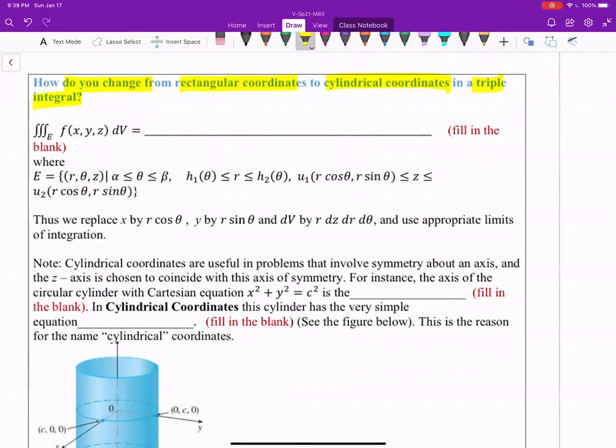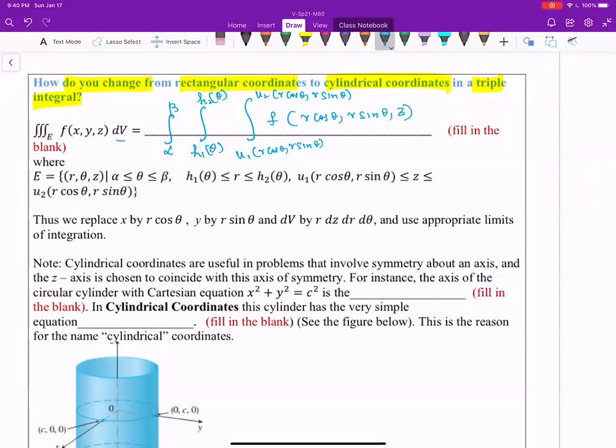The triple integral over E of f of (x, y, z) dV is equal to the integral from alpha to beta, which are the angles for theta, then the integral from h1 of theta to h2 of theta, which are the bounds for r, and the bounds for z would be u1 of (r cosine theta, r sine theta) to u2 of (r cosine theta, r sine theta), of f of (x, y, z), where x is r cosine theta, y is r sine theta, z is z.